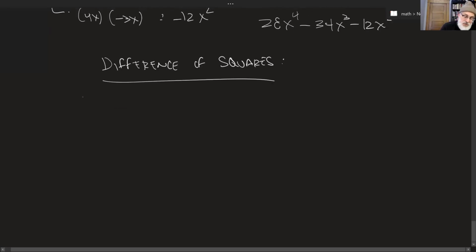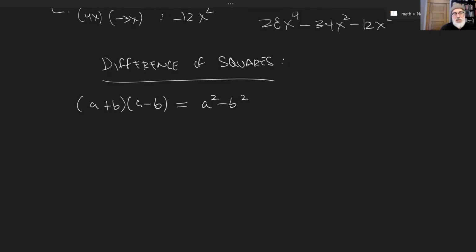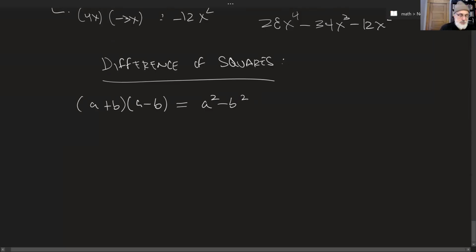But the definition of the difference of squares is if I have a plus b times a minus b, this will always be a squared minus b squared. So if I see something where the a and the b are just the differences at addition and subtraction, I can just automatically write it as the square of a minus the square of b.